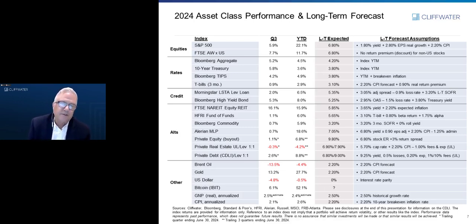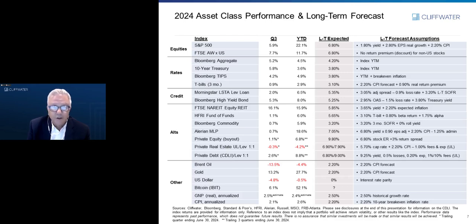So in the case of the S&P 500 and non-U.S. stocks as well, both had a good third quarter, 5.9 and 7.7 respectively. Year to date has been an incredibly good, risk-on year for the S&P 500.